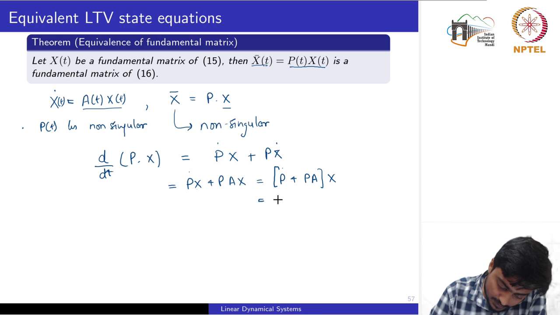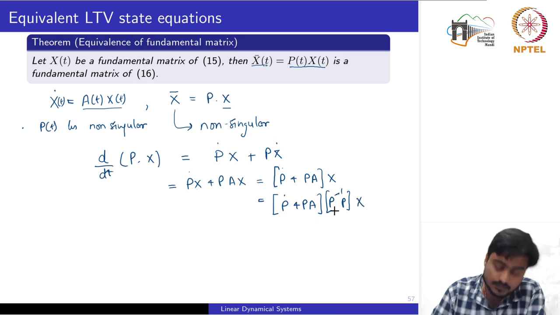Again introducing the inverse, the multiplication of P inverse and P, multiplied by X, which supposedly should be the identity matrix.